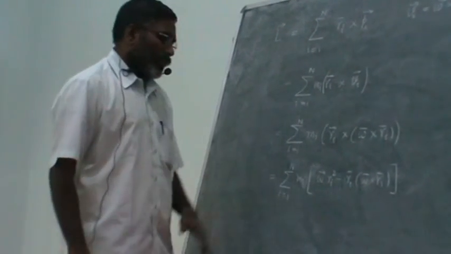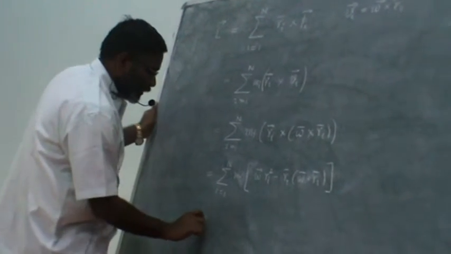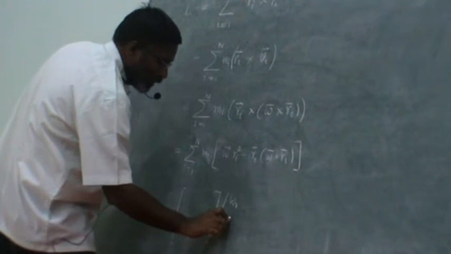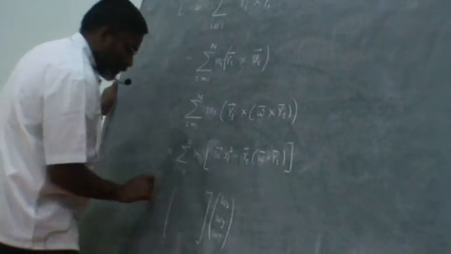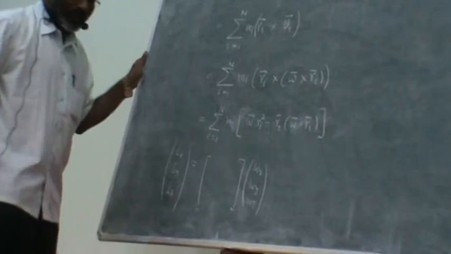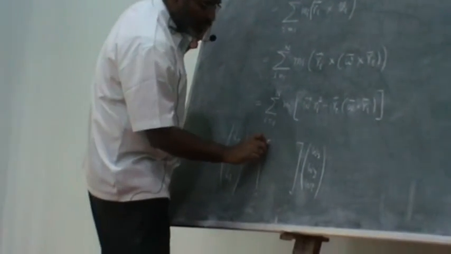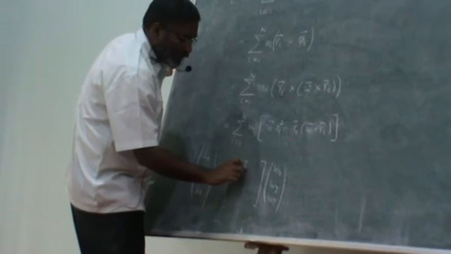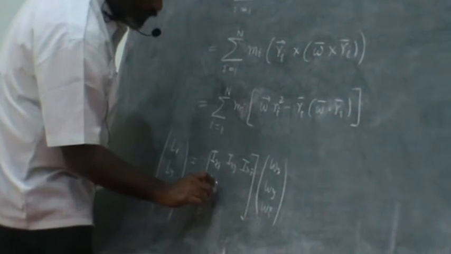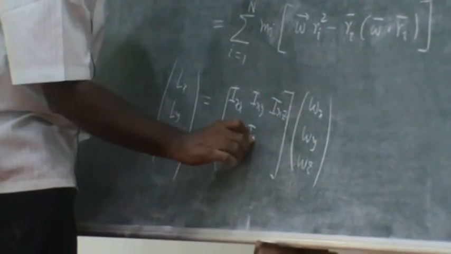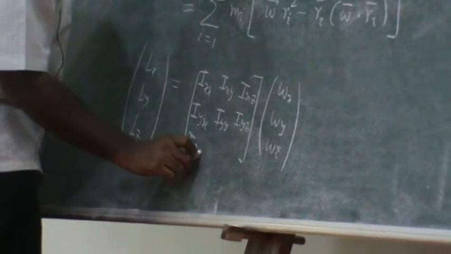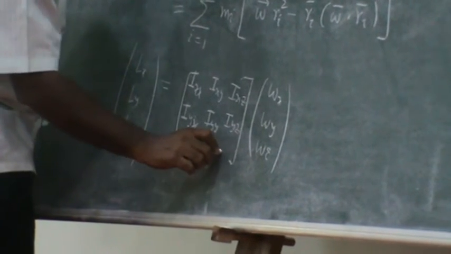Now exactly like in the previous case, we expand this one. You try to write this as a matrix with omega x, omega y, omega z. This will be equal to Lx, Ly, Lz. When you write it like this, you will see that you get a matrix where this is Ixx, this is Ixy, this is Ixz, Iyx, Iyy, Iyz, and Izx, Izy, Izz.